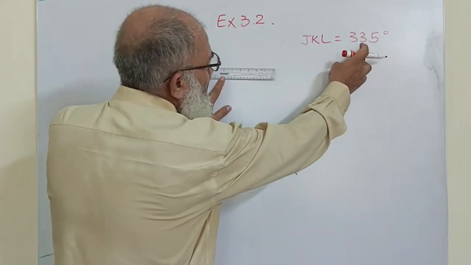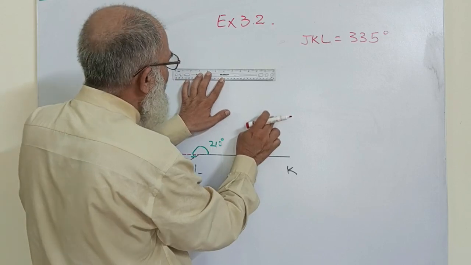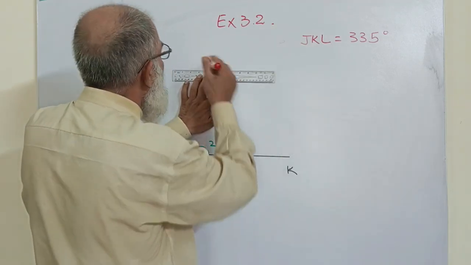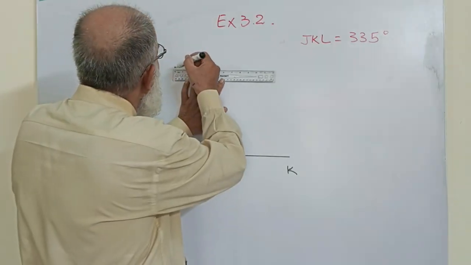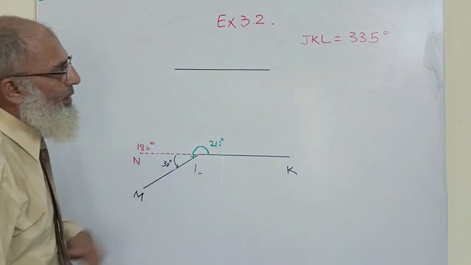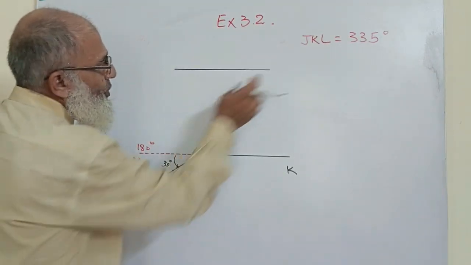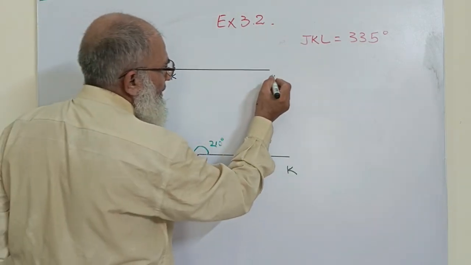Now since this angle will come somewhere here, I have to leave some space over here. So this is our JK. So I have to fix K. So J is over here.